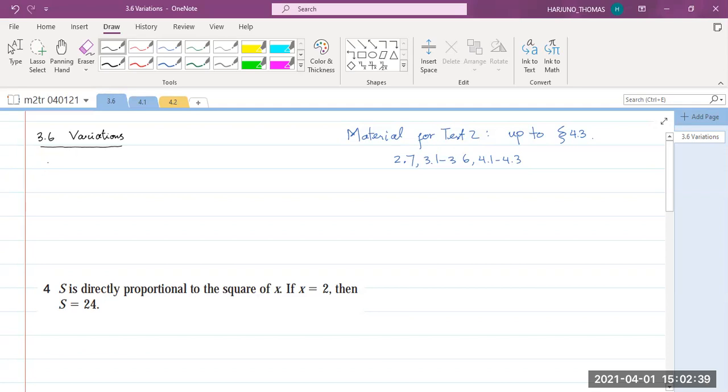There are two big terminologies. The first one is what they call direct variation, or sometimes we call that proportional.